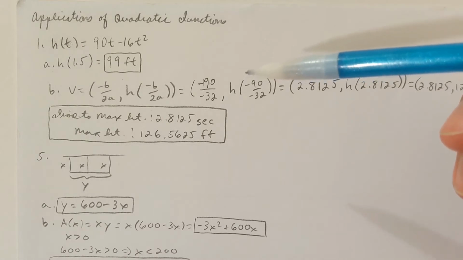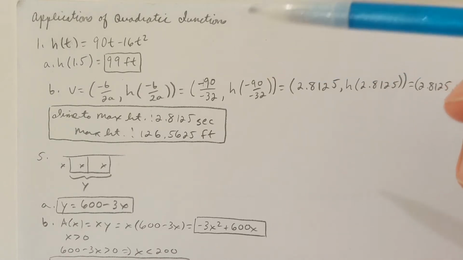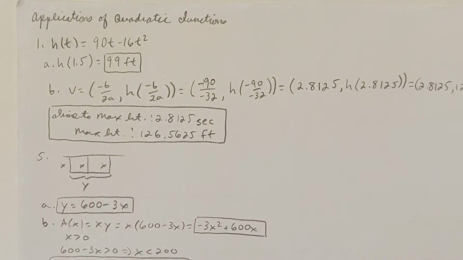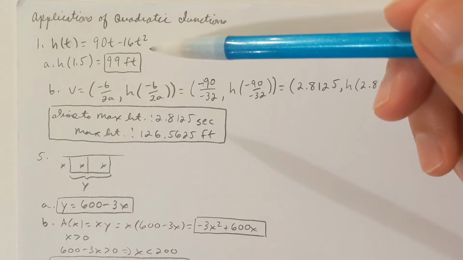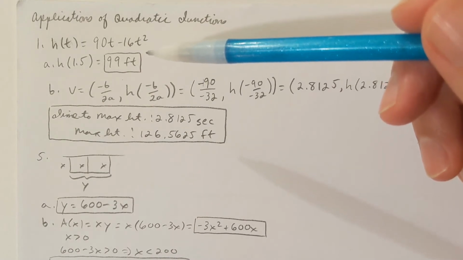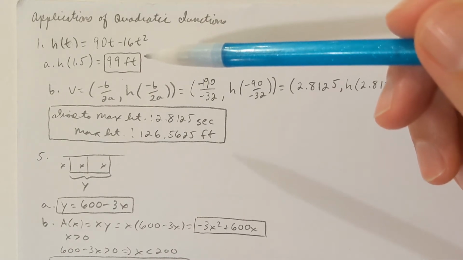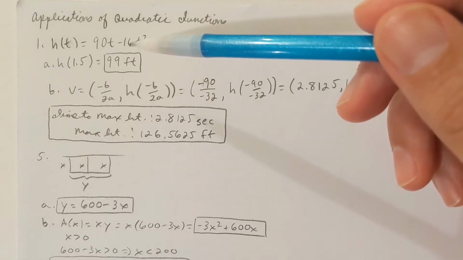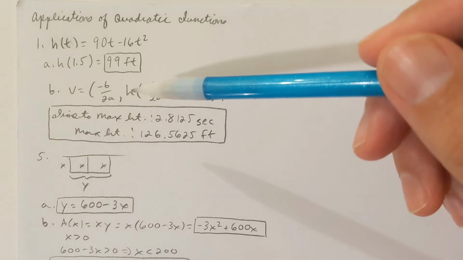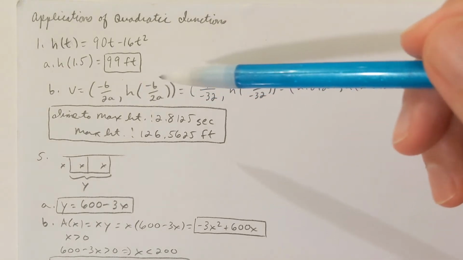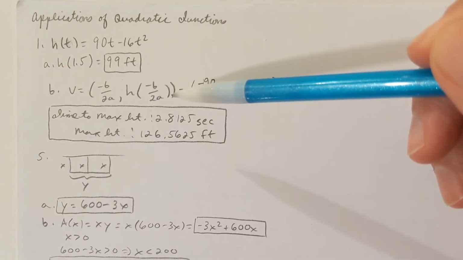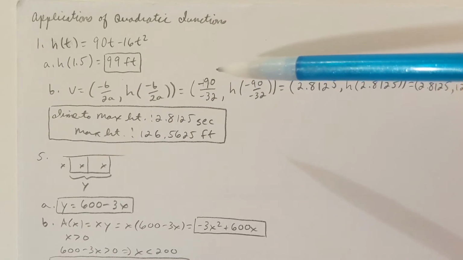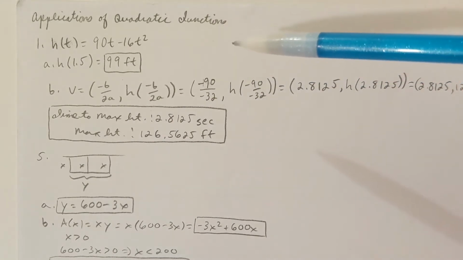Part B, okay, so if we take a look at the graph of h, the graph is going to be a function facing down, because of the negative a value. Negative b over 2a, h of negative b over 2a is going to give me the maximum height of the rock.